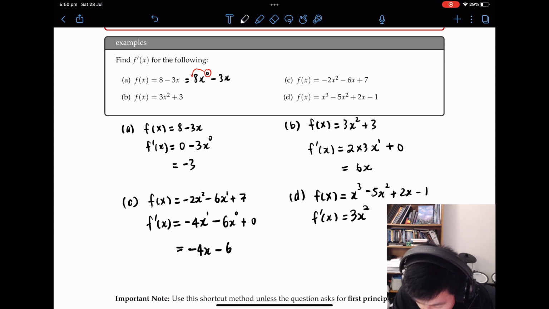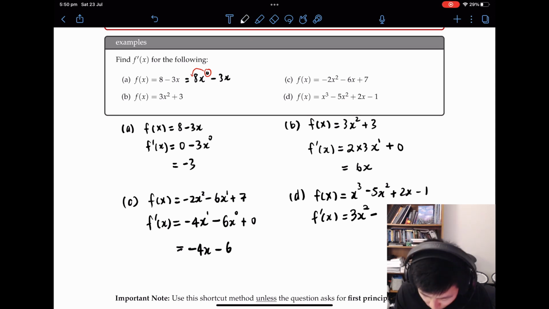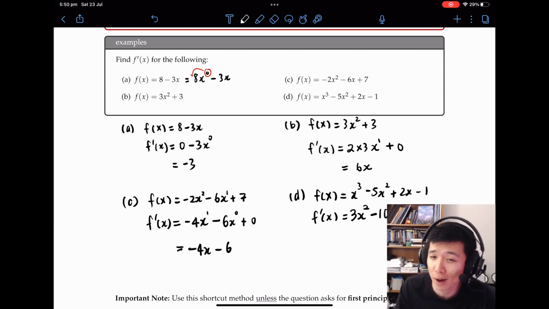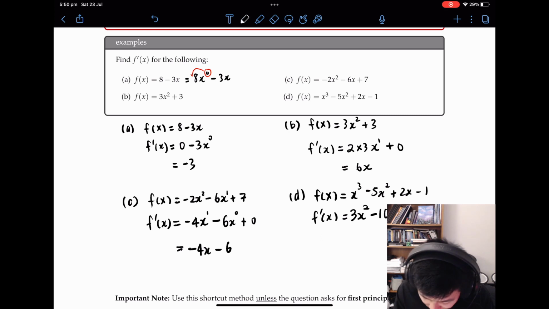And then we just keep going. We drag down the 2 for minus 5x squared, so that becomes minus 10. We minus 1 off the power, so that becomes x. And then for 2x, that just becomes plus 2. And then the minus 1 just disappears. So I'm not even going to bother writing the plus 0 this time. It just disappears. And so I'm done.